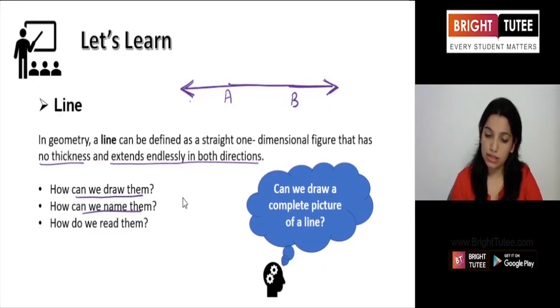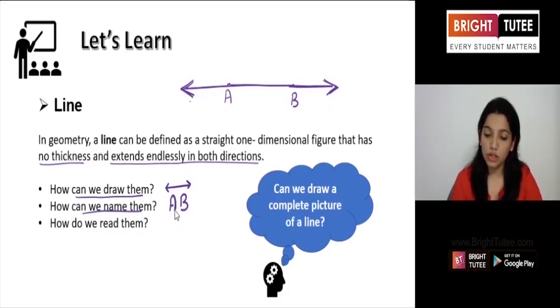A line is written as, say for this line here, we write it as AB and on the top of it, we put a double-arrowed bar.